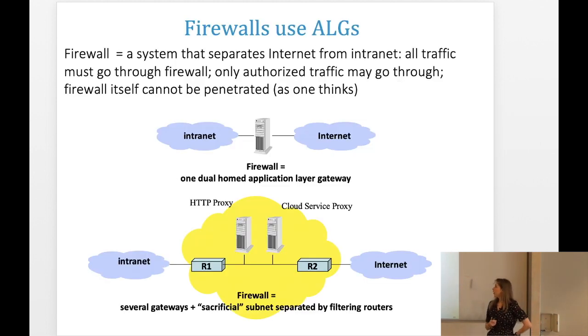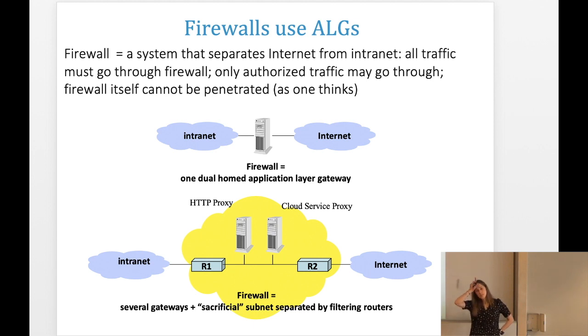An example of things that use application layer gateways or firewalls exactly for security reasons. The simple firewall is the only one device, so it is easy and simple to monitor, but it is also a single point of failure. And when there is a lot of traffic going from the intranet to the internet, it may also be a traffic bottleneck.